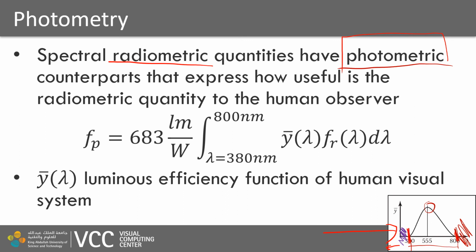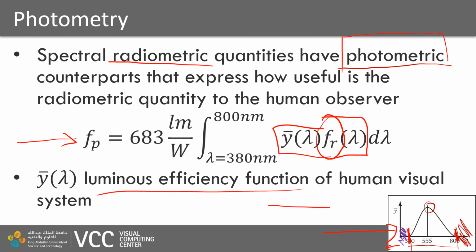And therefore, we have this useful function, which, given any spectral radiometric quantity associated with a certain wavelength, and scaled by the sensitivity function, the luminous efficiency function depicted here, lets us obtain the corresponding photometric quantity.